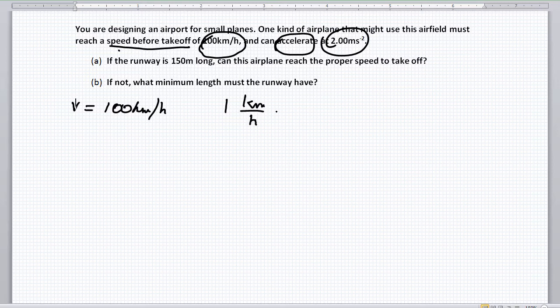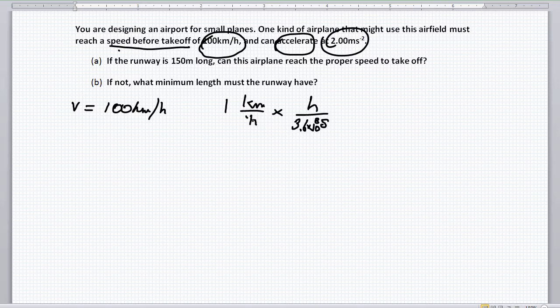I want to get rid of hours, so I'm going to multiply by a form of 1, which has hours on the top and seconds on the bottom. What number has to go here in order for this to be, yes, 3600, right, or 3.6 times 10 cubed, right? Seconds.